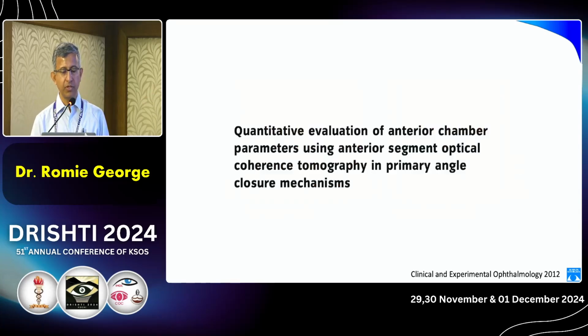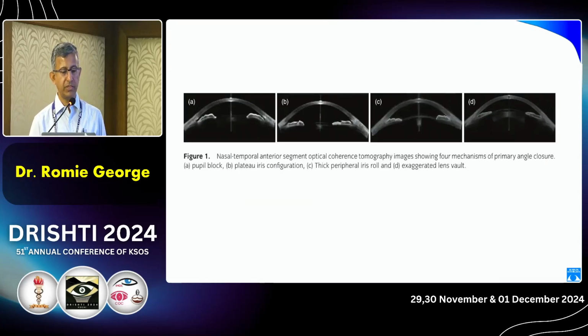This is the way it looks. Then I'll switch to this study, which looked at the quantitative evaluation of anterior segment parameters using ASOCT to look at primary angle closure mechanisms. What they did here was take ASOCT images and divide them into 4 mechanisms of primary angle closure: pupillary block, which is this one, Plateau iris configuration, thick peripheral iris roll, and the fourth is the lens vault.